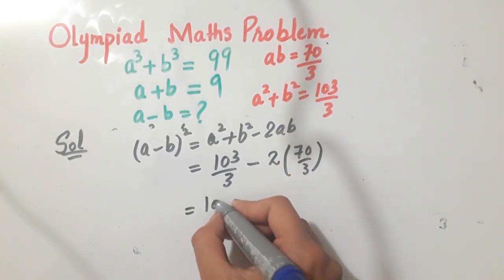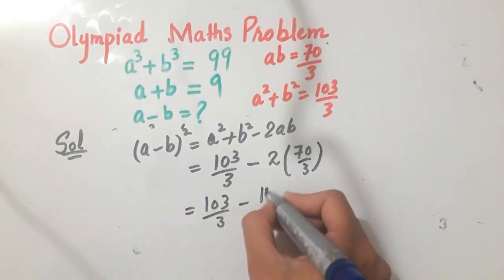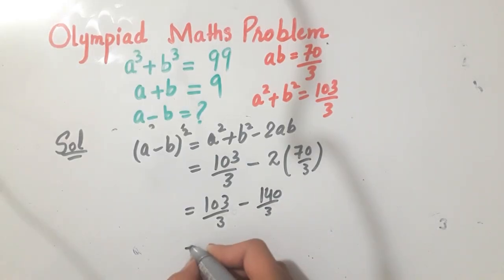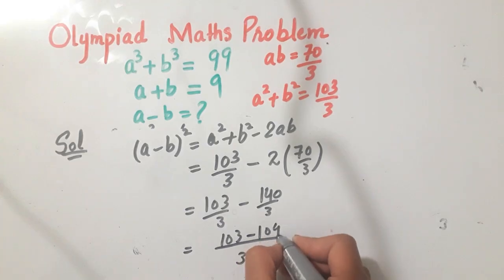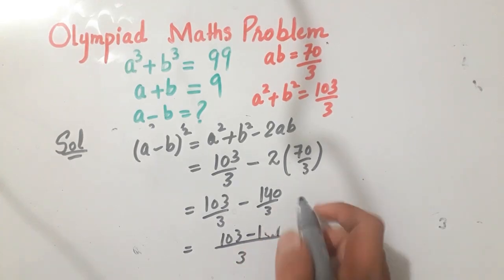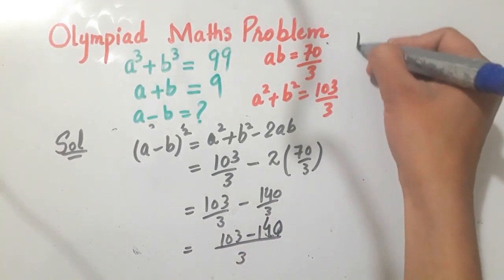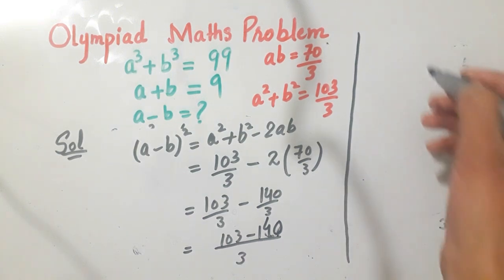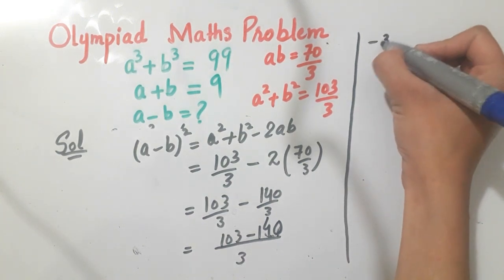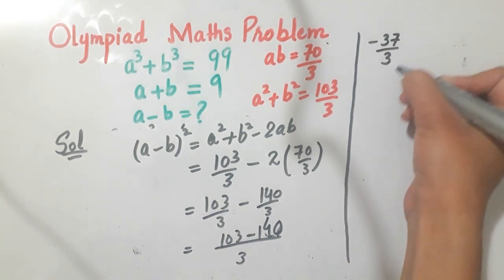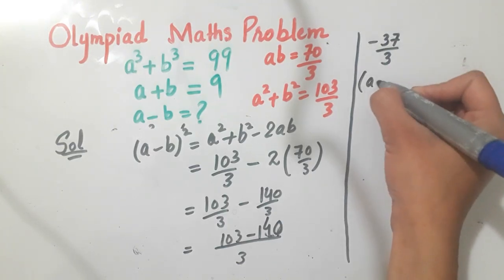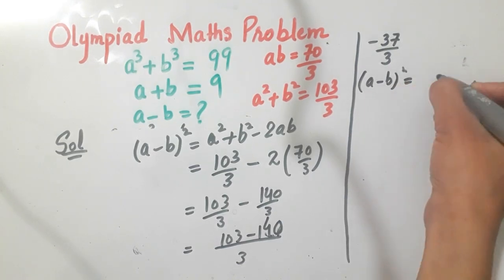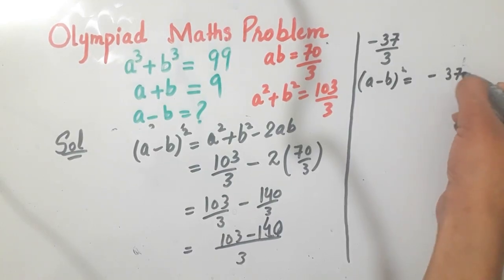Now we get 103 by 3 minus 140 by 3. Now subtract this: 103 minus 140, we will get minus 37 by 3. Now this is the value of a minus b whole square, minus 37 by 3.